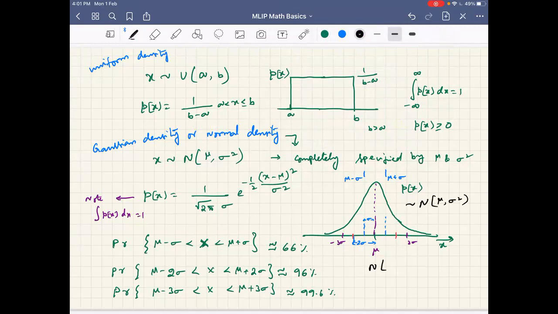Please note that, and mu is the mean. So mu gives the mean value, and sigma gives the spread around the mean value. As you know, the higher the sigma, the higher the spread, and the Gaussian will be more flat. If mu is 0 and sigma is 1, this is referred to as the standard normal distribution.